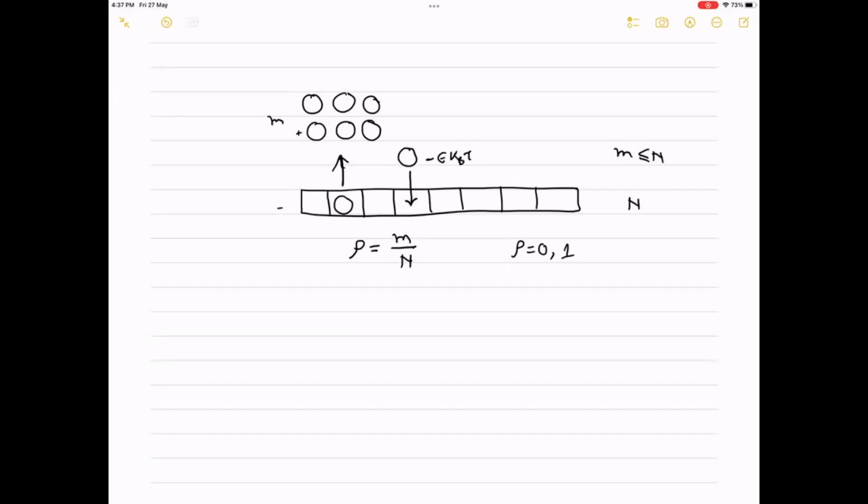So what we are actually trying to find out is the value of rho for which the free energy will be minimum. That means we calculate the value of rho which minimizes the free energy. Then I have my answer: the rho which will minimize the free energy, that particular rho will be preferred.